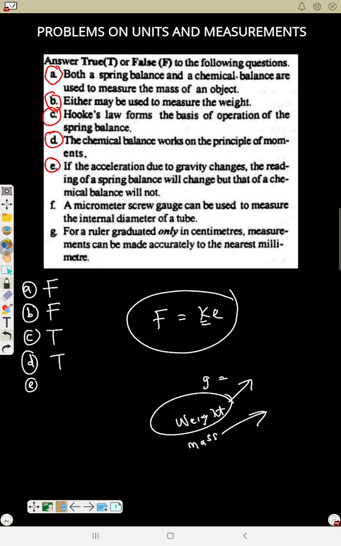So now, according to this, we can see that the statement is true, because if the acceleration due to gravity changes, the reading of spring balance will change, meaning weights can change from place to place depending on your acceleration due to gravity. But that of chemical balance will not change, because no matter what, mass never changes, and we use chemical balance to measure mass, so that one will remain the same.